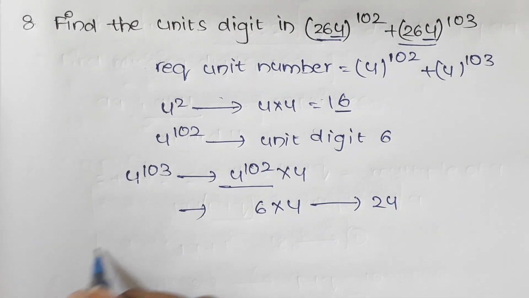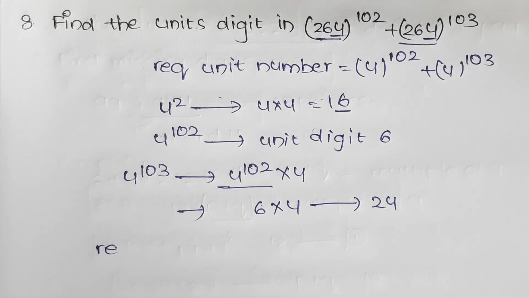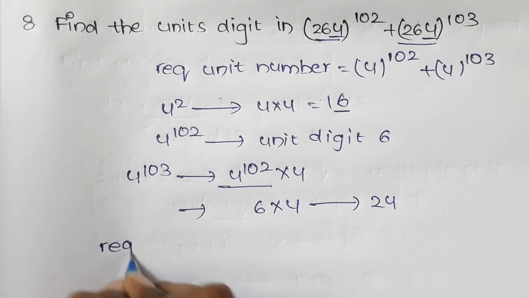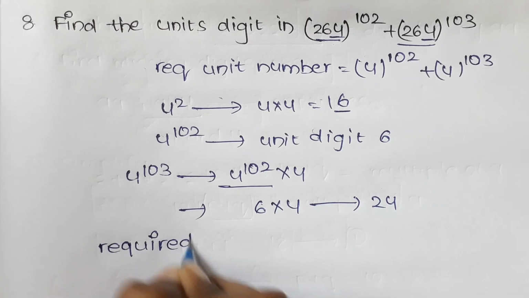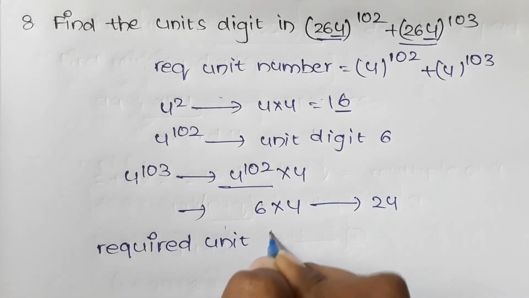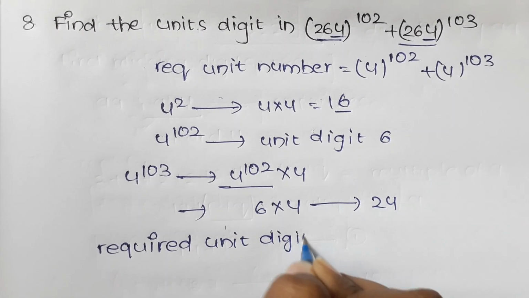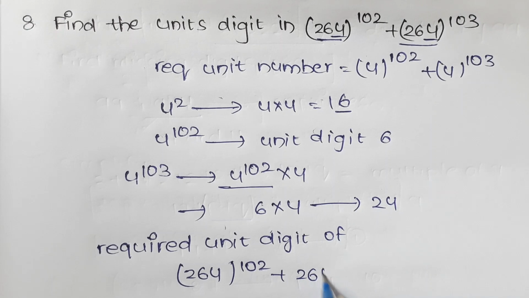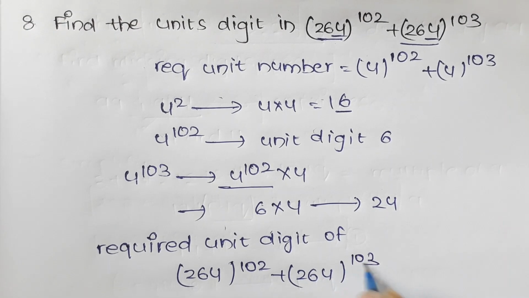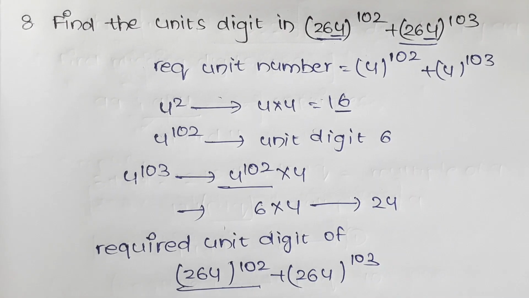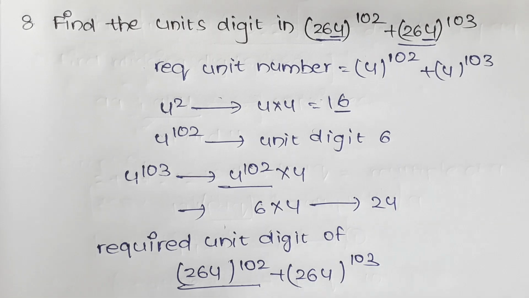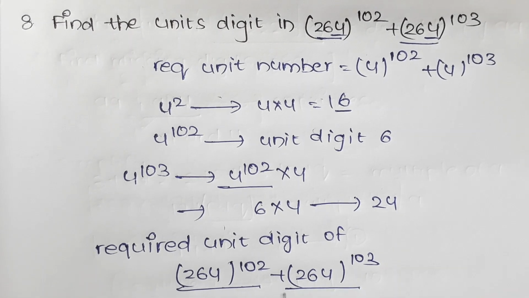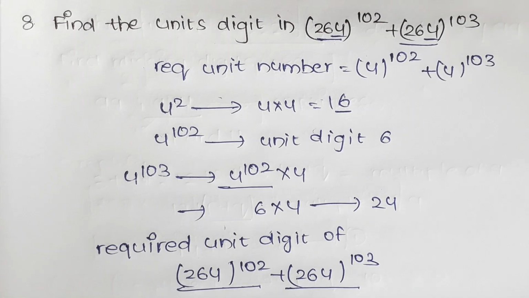And now the required unit digit of the given number, that is 264 whole power 102 plus 264 whole power 103. Here for this we will get unit digit 6, and for this we will get 4, so 6 plus 4 equals 10.